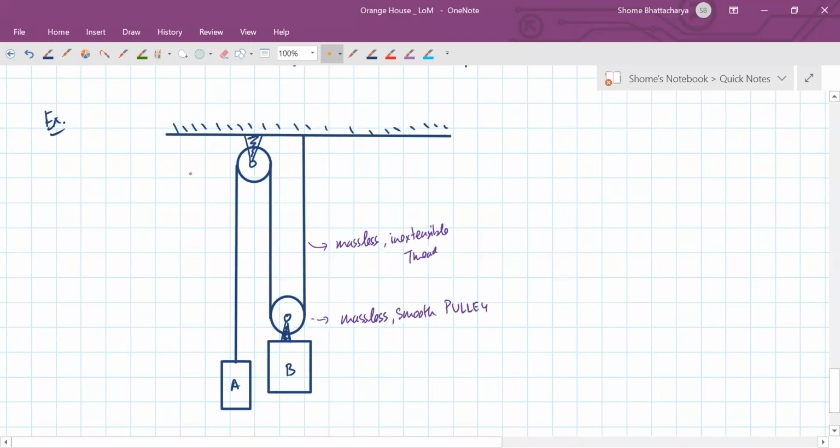Same with this. Okay. And given suppose that the mass of block A is, let us say, 5 kilograms.